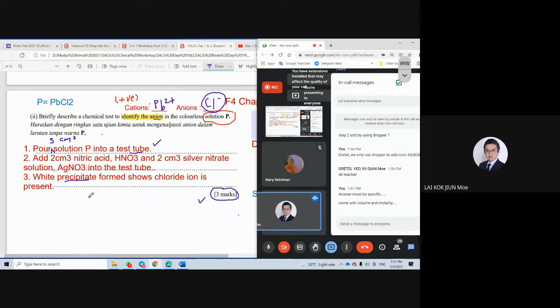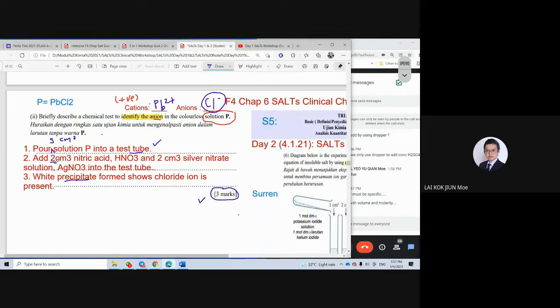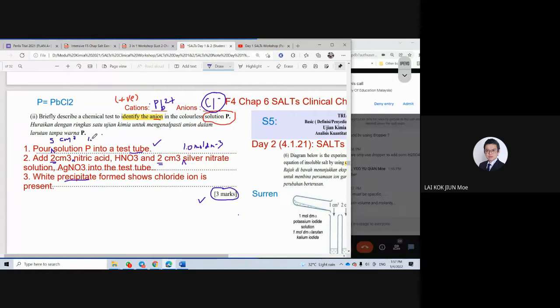Even though the question didn't give you any molarity, you still can use it, because every time you run the test, you must have very specific items. So 2CN is already there, but the molarity you didn't put, actually it's not good. This one also has no molarity. If you can use 1.0 as logical, then you can use 1.0. This one also the same, 1.0. Cannot be vague.